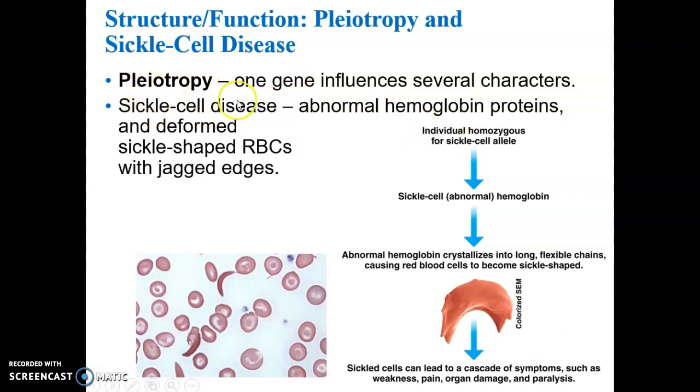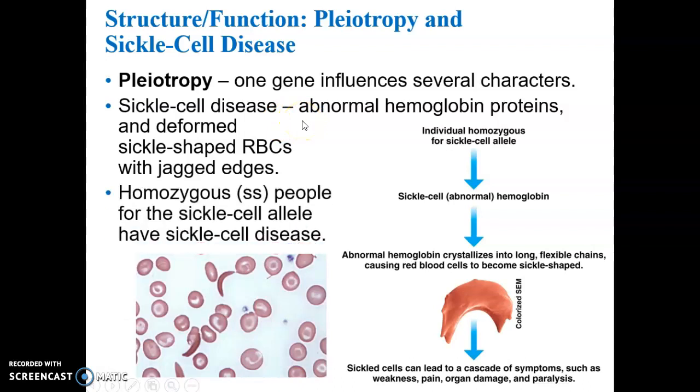So this is called pleiotropy. So with genetics, things can get somewhat complicated. We're trying to keep them as simple as possible. So if you're homozygous recessive, these individuals have the sickle cell allele, both of them, and will have a severe case of sickle cell disease.